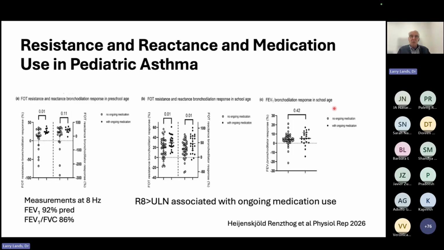And I'm going to show you some slides related to asthma questionnaires for control. Now this was a monofrequency study, so they just measured at 8 hertz. And basically, if your resistance at 8 hertz was above the upper limit of normal, you had ongoing medication use.